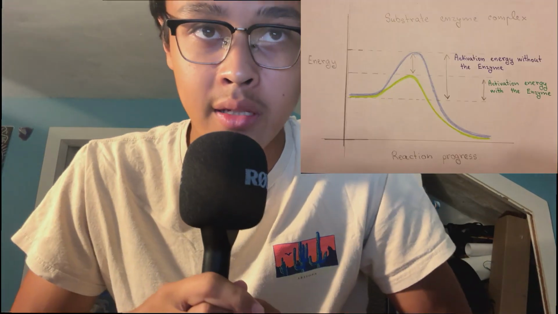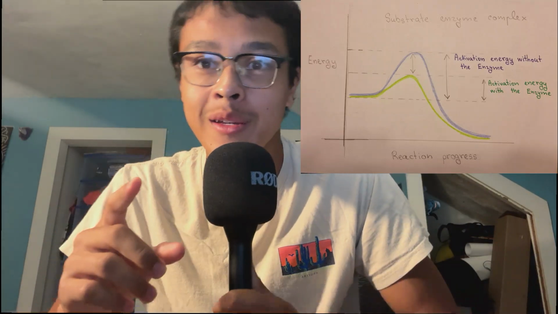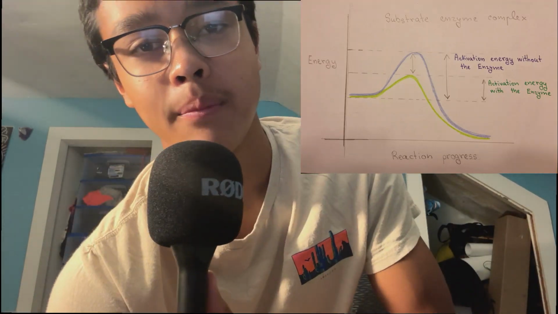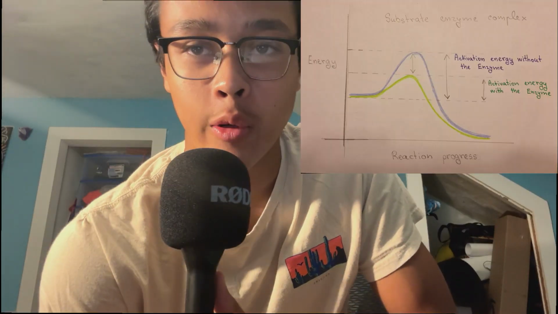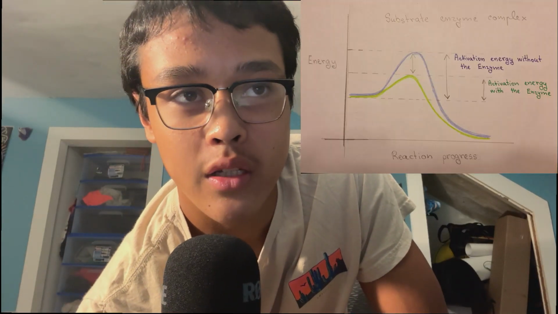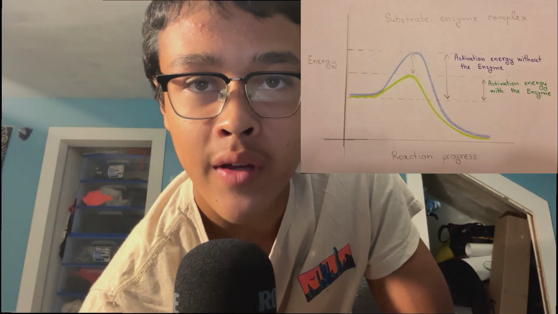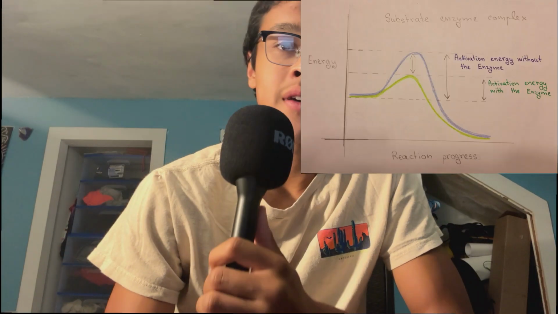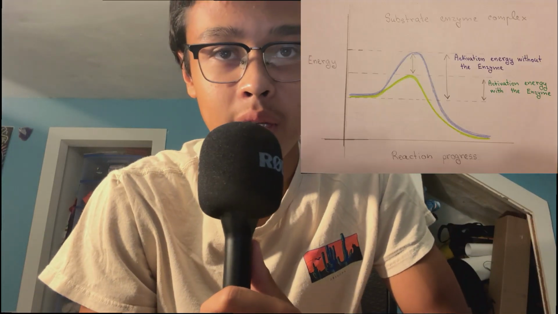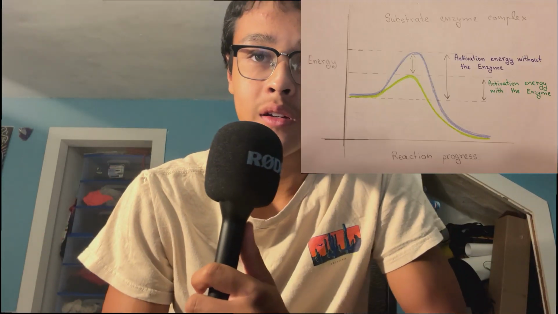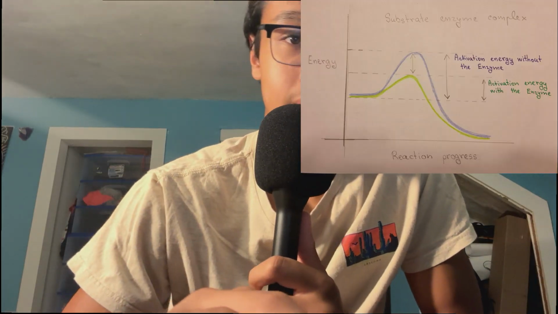Anasazi made a great diagram that I will be putting on the screen when I edit this video to show the activation energy with an enzyme and without an enzyme. The activation energy without the enzyme is higher than with it, okay?